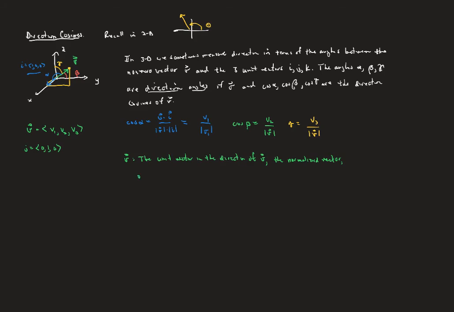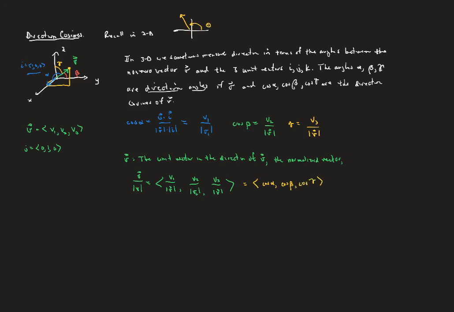Then that is going to be v over the magnitude of v, so that's going to be v1 over its magnitude, comma, v2 over its magnitude, comma, v3 over its magnitude. So there's a unit vector in the direction of v, but we can see from what we did up above that we could say that is exactly cosine alpha, cosine beta, and cosine gamma.